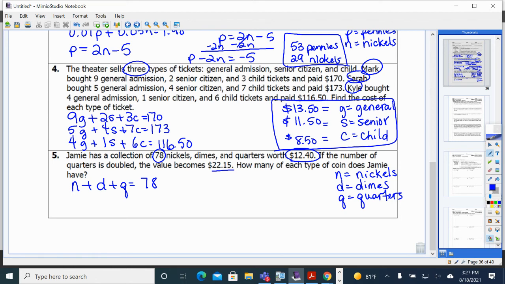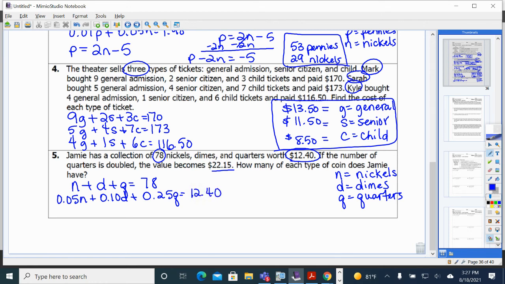Then I can set up another equation using the $12.40. So nickels are worth 5 cents. Dimes are worth 10 cents. Quarters are worth 25 cents. And that's a value of $12.40.